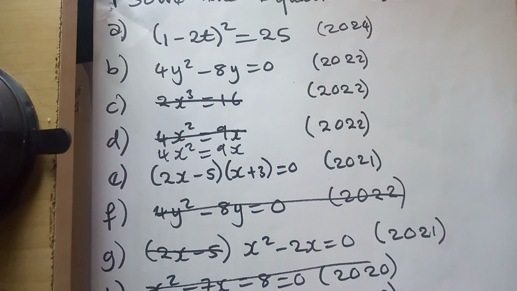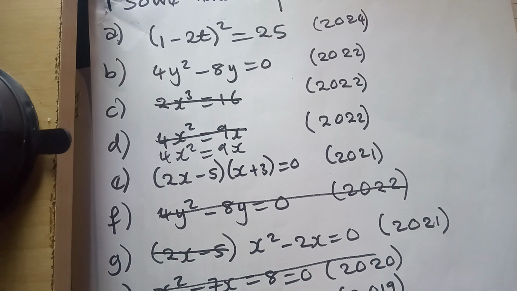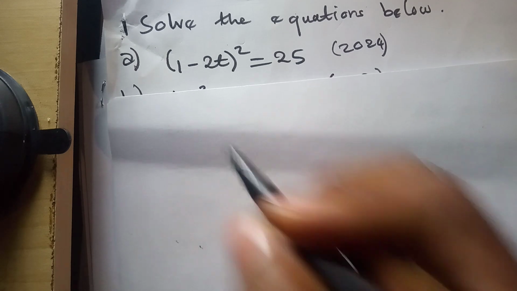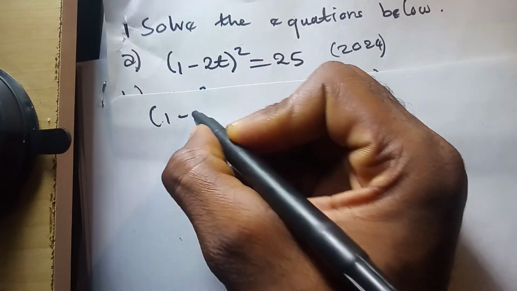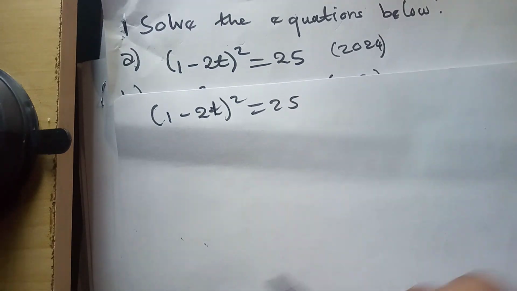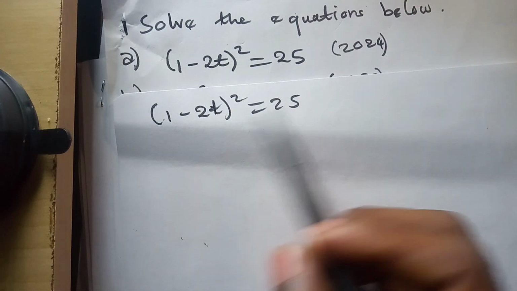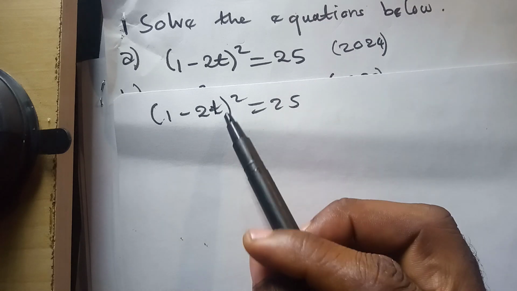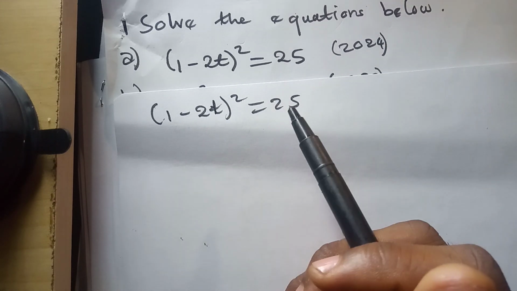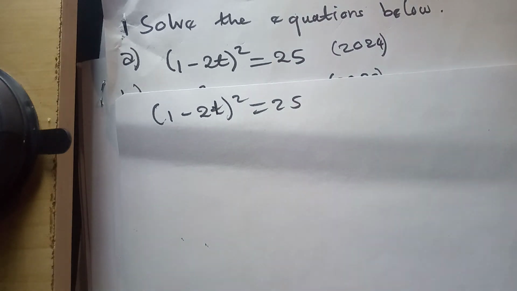I decided to skip it and spare it for the end because it's a bit unique but easier when you come to think of it. So when you have a case like this, you can either bring the 25 here and use the difference of two squares to solve for t, but that will just make it hard.